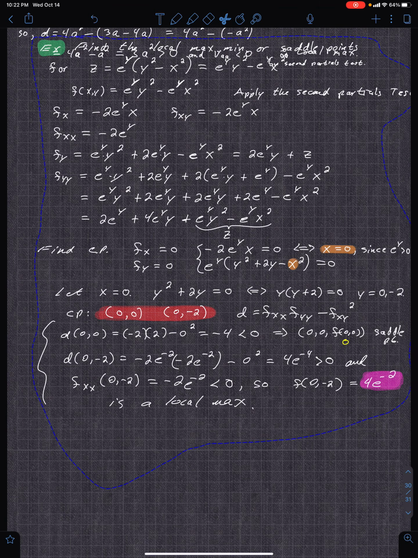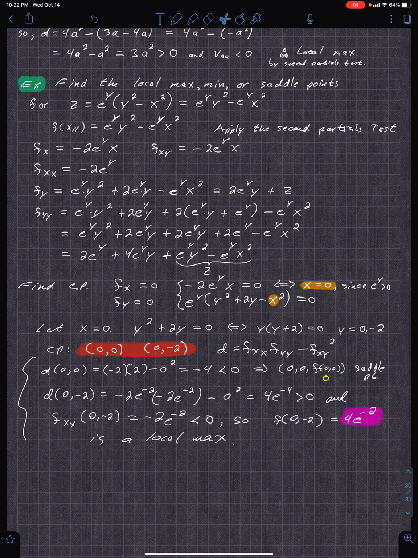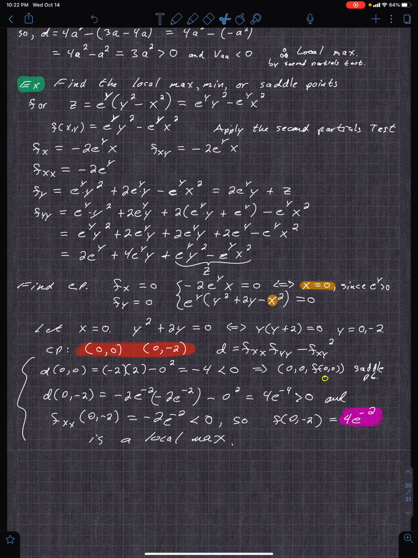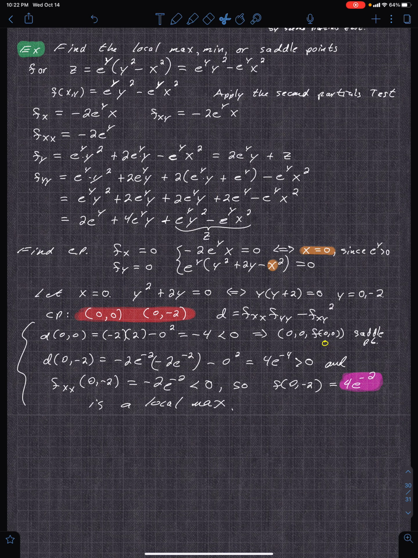Not sure it fits right there. Oh, it does. We'll just put it right there. Barely. Okay. So try this one. And then you can do the second partials test and then try this one. Find the local maximum, minimum, saddle points of this function right here.